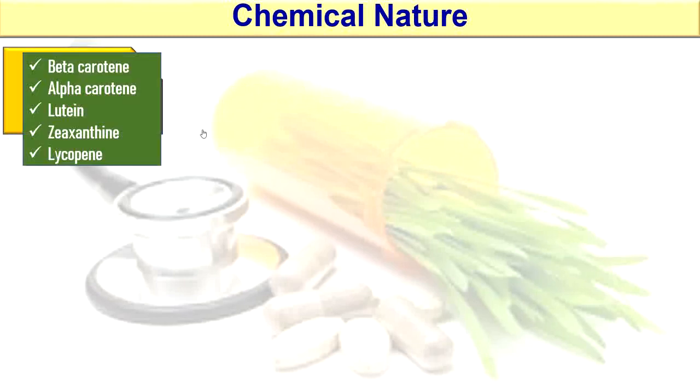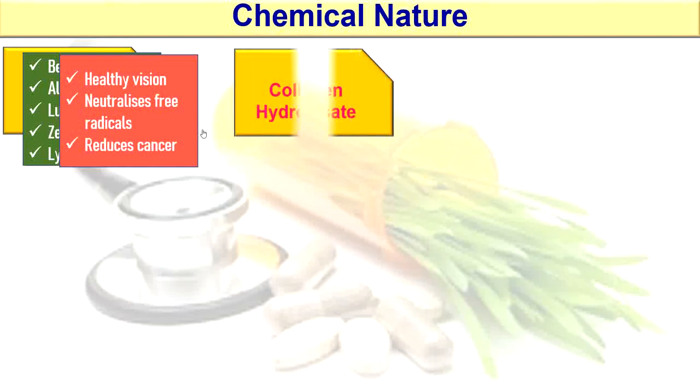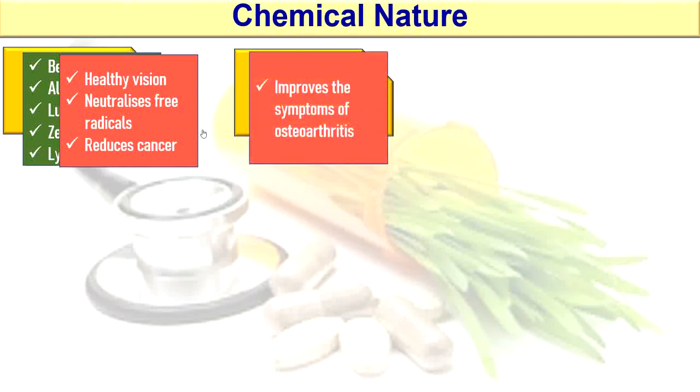first one is carotenoids. Under carotenoid we have beta carotene, alpha carotene, lutein, zeaxanthin and lycopene. It provides healthy vision, neutralizes free radicals and reduces cancer. When you take collagen hydrolysate, it improves the symptoms of osteoarthritis.